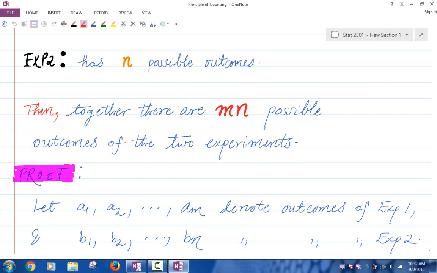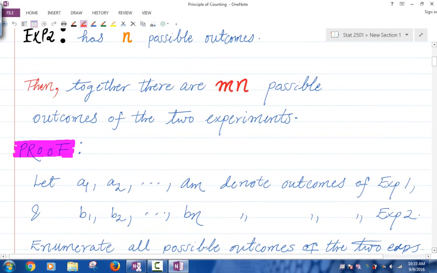Okay. I'm just going to list out the possible outcomes of the two experiments together. That is, list out all possible pairs of outcomes of the two experiments. Am I making sense? List out the total number of pairs of outcomes of the two experiments.